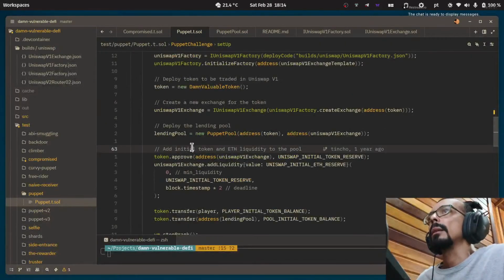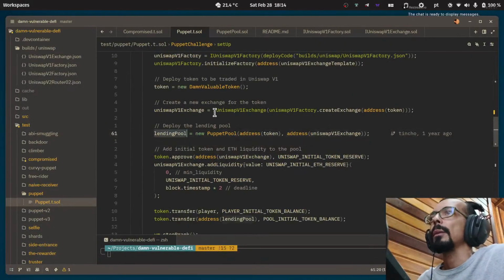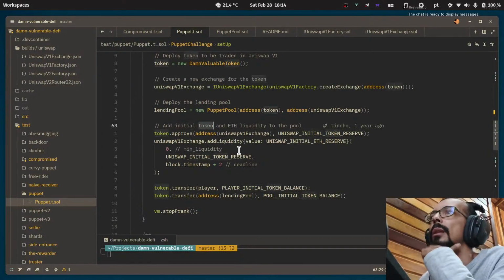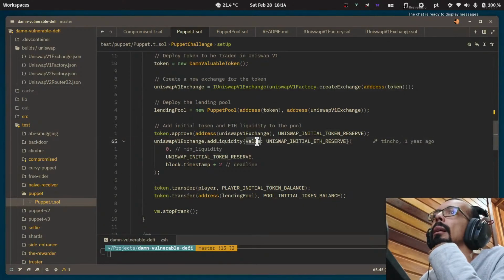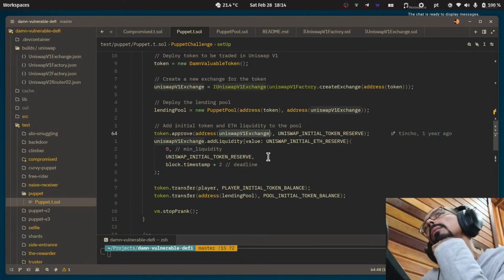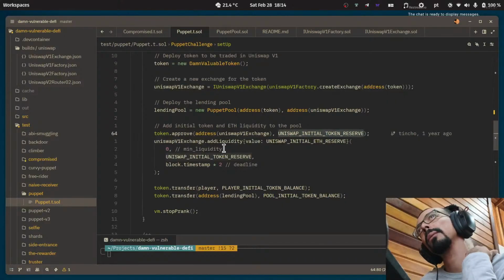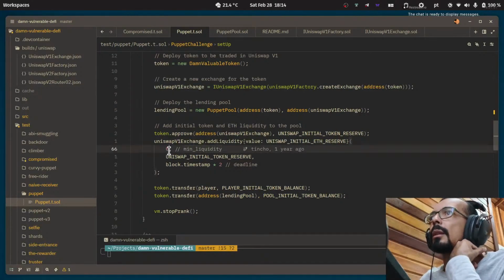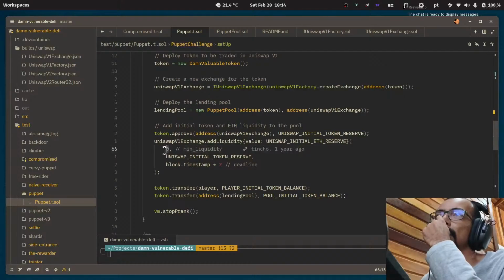Let's continue. So, okay, so we have the lending pool. Then we're gonna add some initial token in liquidity. So first we need to approve, allow an exchange take stuff. That's the amount. Then you're gonna call add liquidity, passing the Ethereum as reserve, and the minimum liquidity is 0.